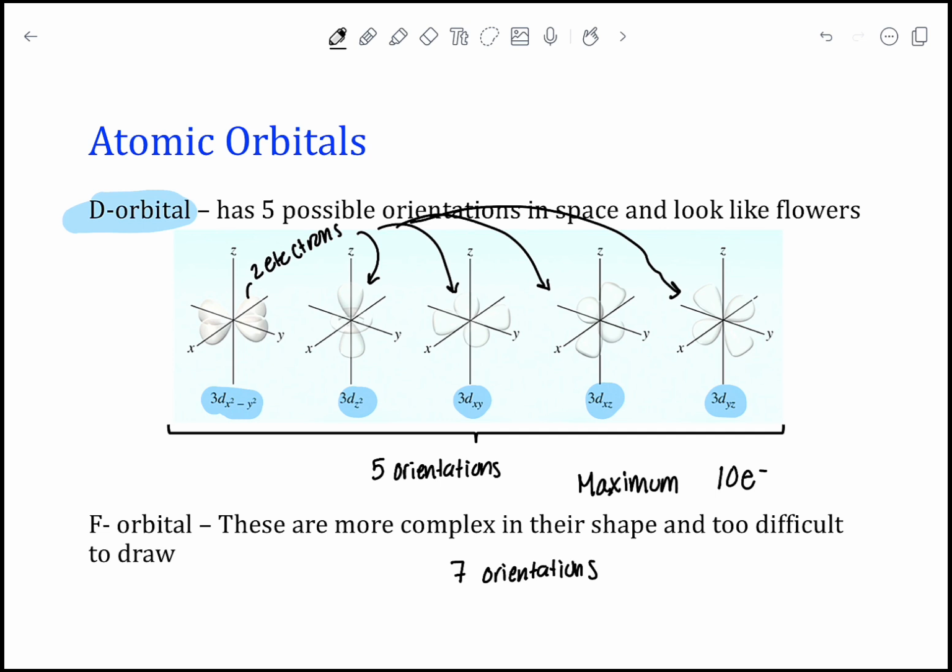So of the very complex shapes that they make, there are 7 different orientations of them, meaning they can all hold a maximum of 14 electrons. Each orientation again holds 2 electrons, and because there are 7 orientations in space of the f orbitals, the maximum amount of electrons that the f orbitals can hold is 14 electrons.